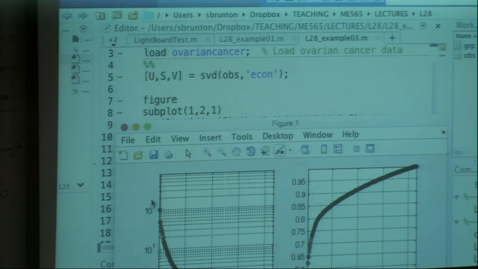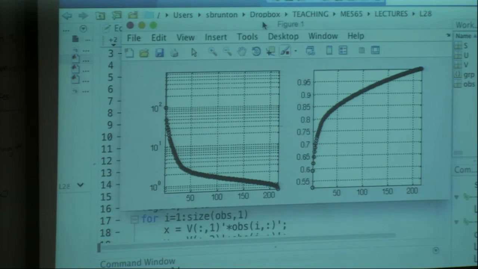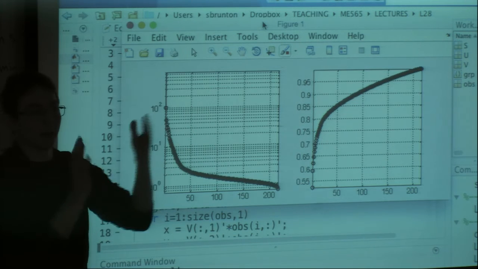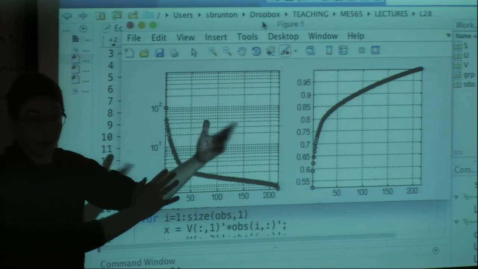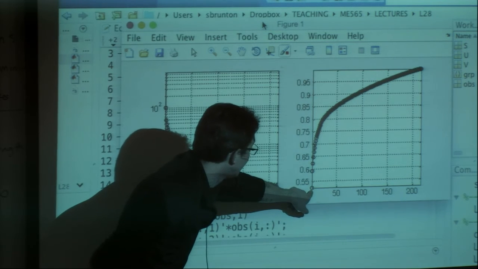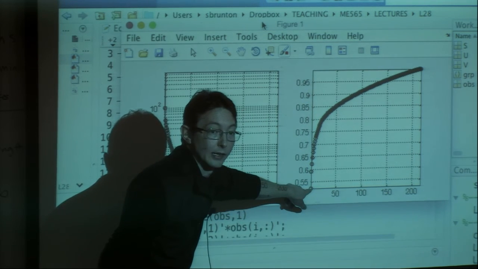So I take the SVD, it takes a while. And now what I'm going to look at are my distributions of singular values. Right? So I always want to look at the diagonal elements of sigma to see how dominant the first modes that I'm going to be using are, how important they are. And I see that my first mode captures about 55% of the variance in the data set. That's great.